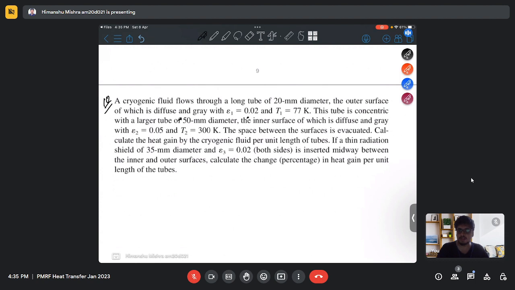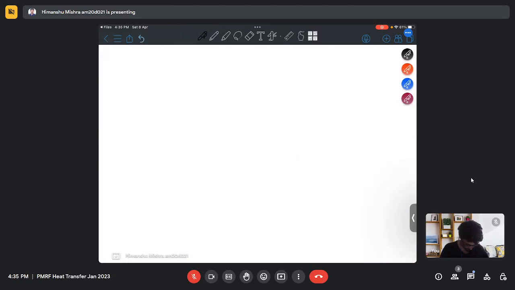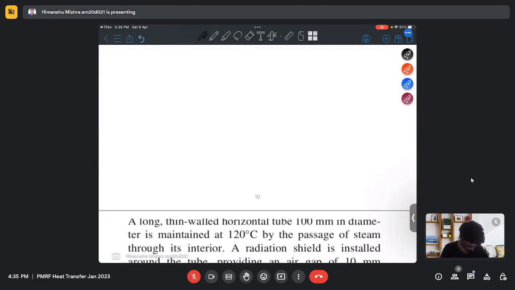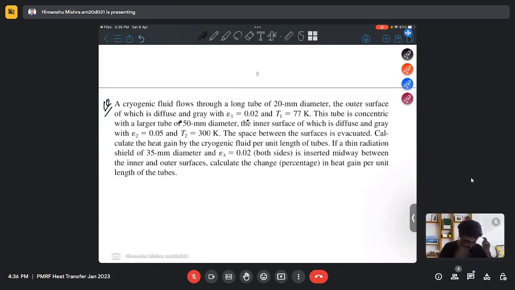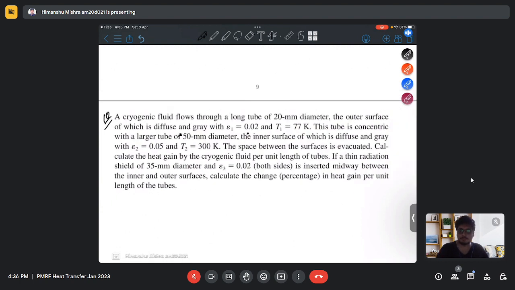In this question, cryogenic fluid flows through a long tube of 20 mm diameter, the outer surface of which is diffuse and gray with emissivity of 0.02 and temperature 77 Kelvin.